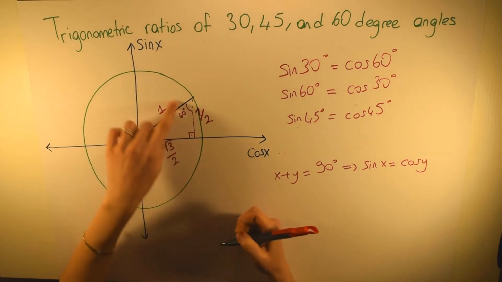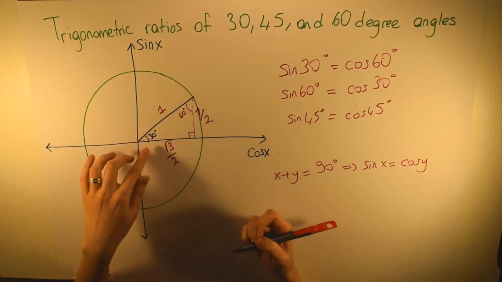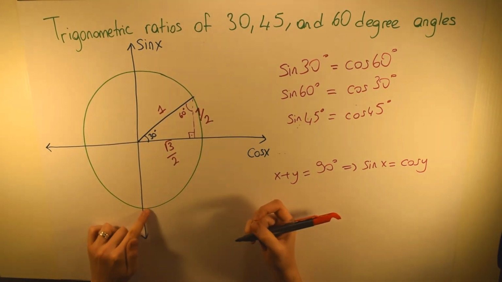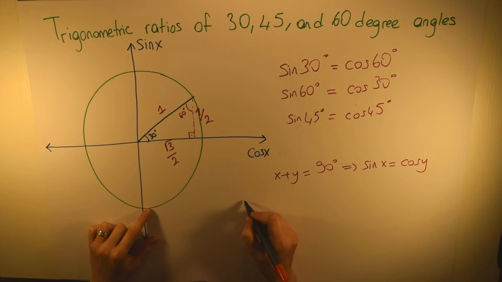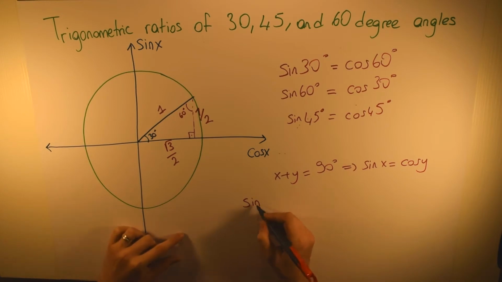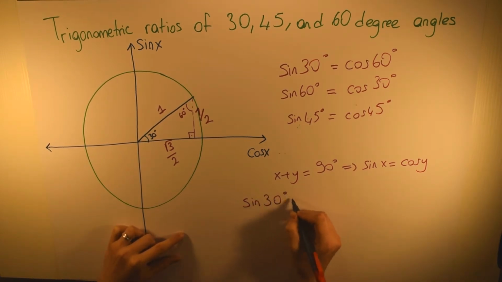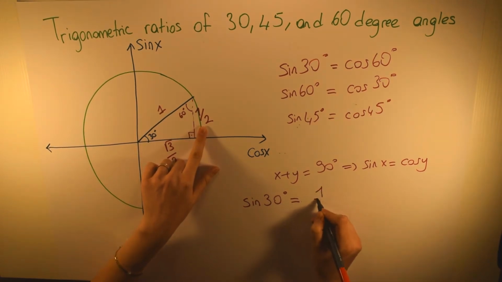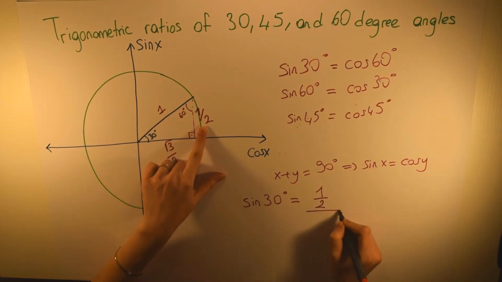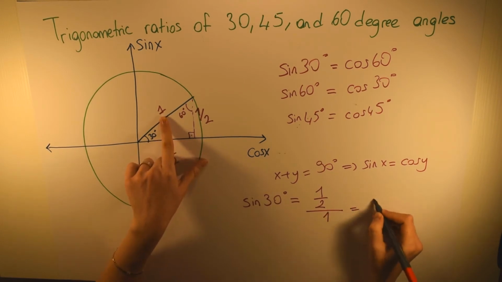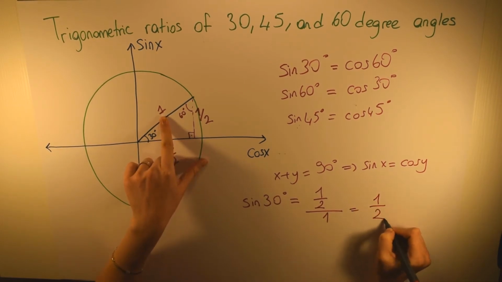This special 30, 60, 90 degree triangle always has the same ratio. Sine is equal to opposite side over hypotenuse. So sine 30 degrees is equal to our opposite side, 1 over 2, over hypotenuse 1, which is equal to 1 over 2.